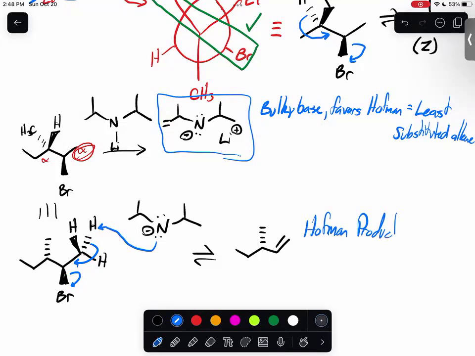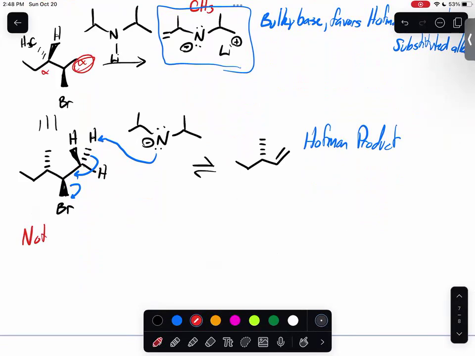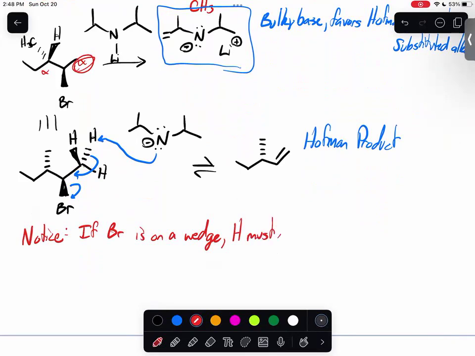So keep that in mind. And notice one thing that I said right here that's very important is if the bromine is on a wedge, the hydrogen must be on a dash to be anti, and vice versa.